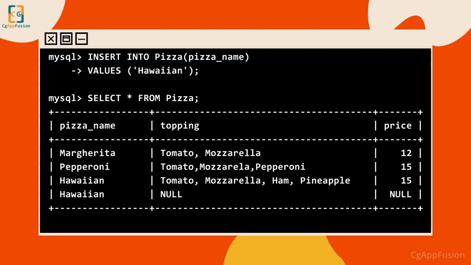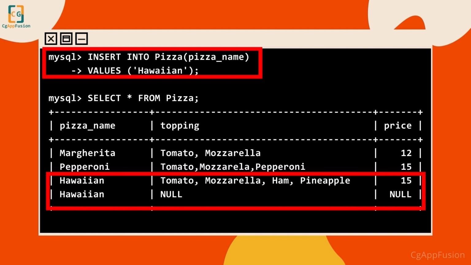So right now we can do something like this. We can insert into our pizza, but we're only gonna provide the pizza name. We have the values as Hawaiian, and we can see at the bottom we have the Hawaiian that has toppings and price, and we have the new Hawaiian that has just the name, and for topping and price we have null and null, which represent a lack of any values.